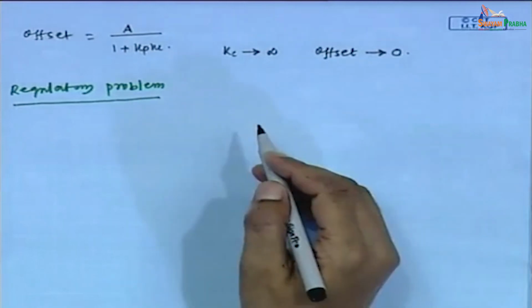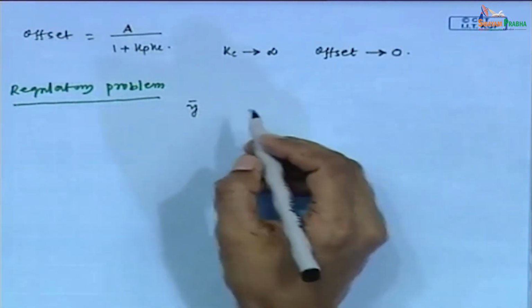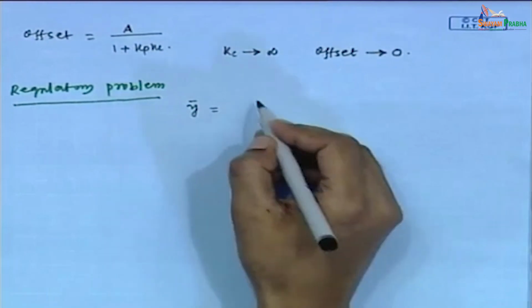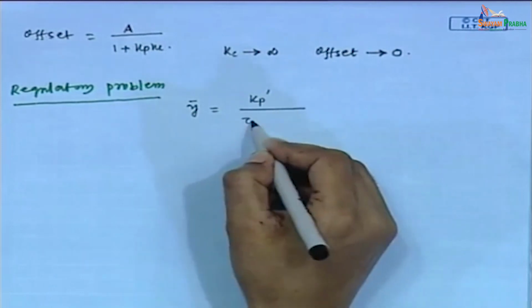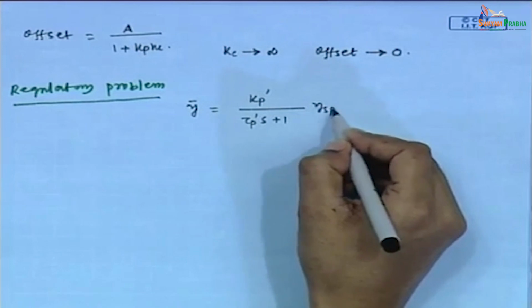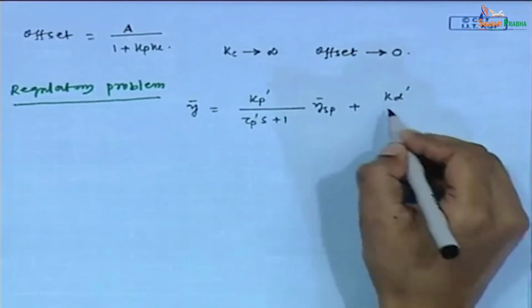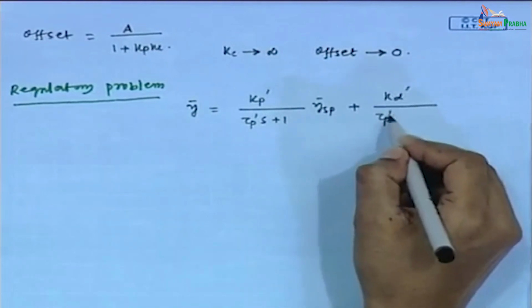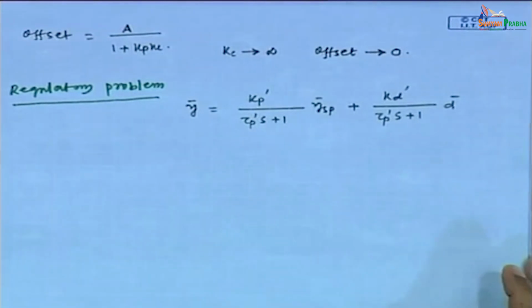So, our closed loop transfer function for the first order system under P only control is y bar equals k p prime divided by tau p prime s plus 1 times y set point bar plus k d prime divided by tau p prime s plus 1 times d bar. This is the closed loop transfer function for the first order system under P only control.